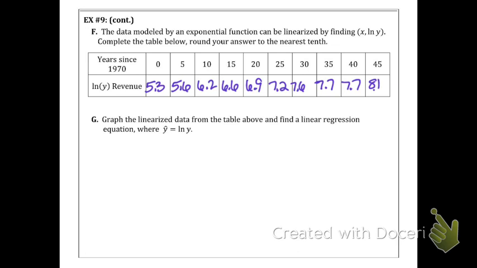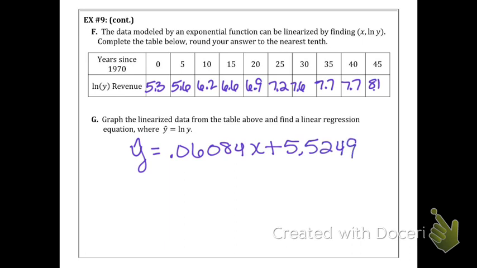And then G says graph the linearized data from the table above. Find a linear regression equation where y hat is equal to the natural log of y. All right, but they didn't give us a graph, so we're just going to graph it on our calculator and look at it, okay? And so we're just going to do our linear regression equation. So we're just going to run linear regression using L1 and L3, and we should get 0.06084x plus 5.5249.